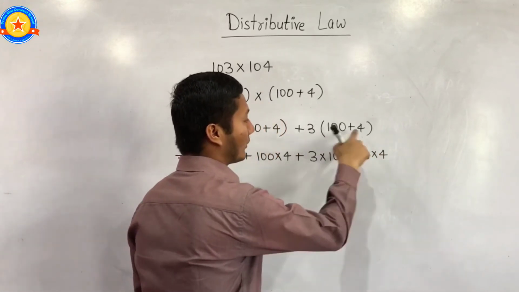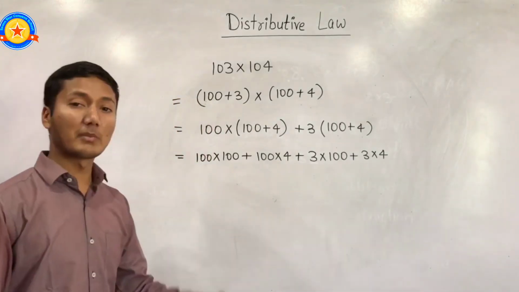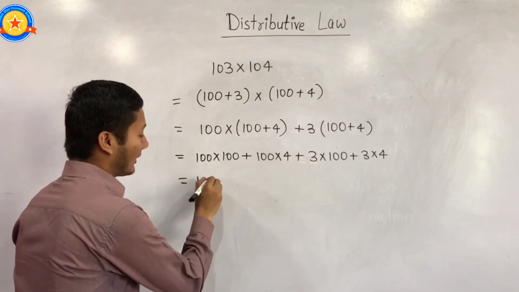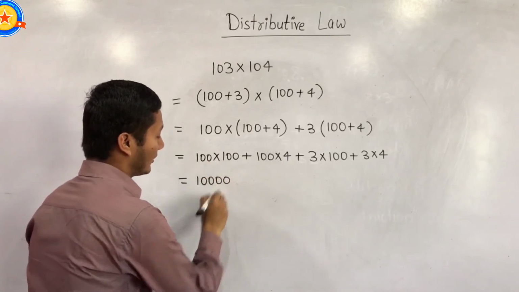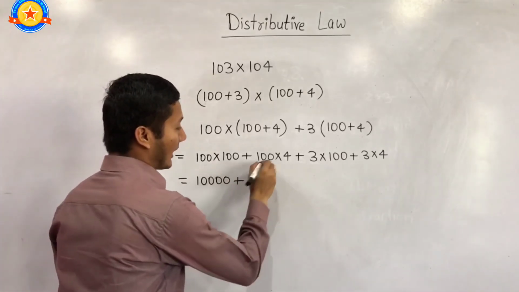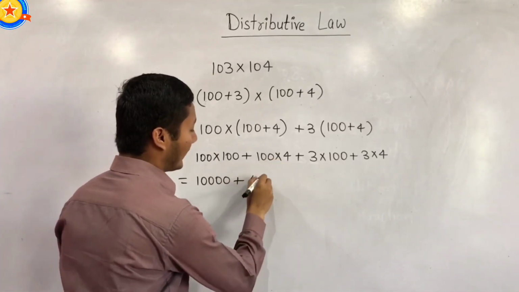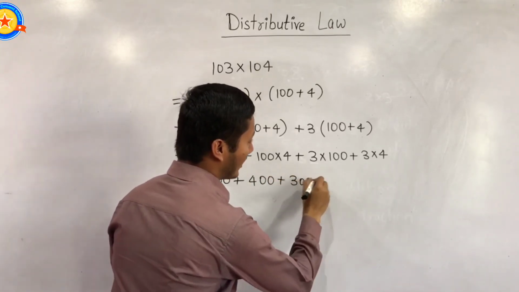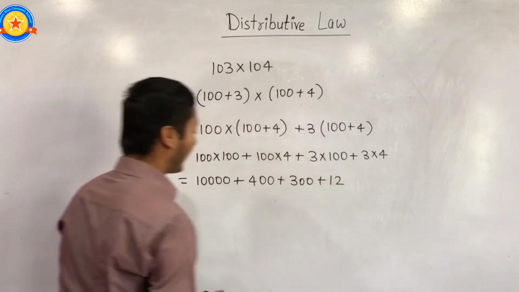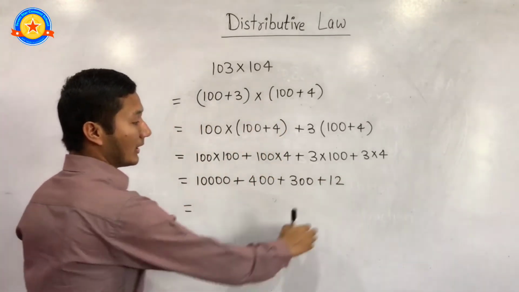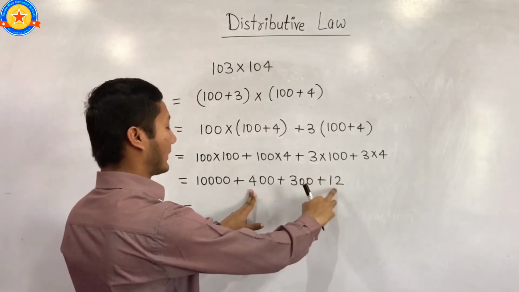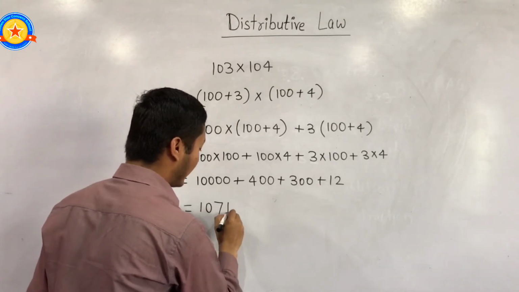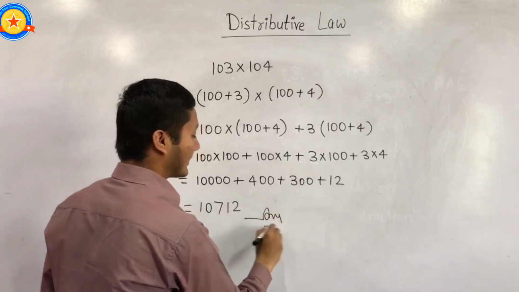Now from here the question becomes very easy. 100 into 100 becomes 10,000, plus 100 into 4 becomes 400, plus 100 into 3 becomes 300, plus 3 fours are 12. Now if we add 10,000 plus 400 plus 300 plus 12, it becomes 10,712. This is our answer.